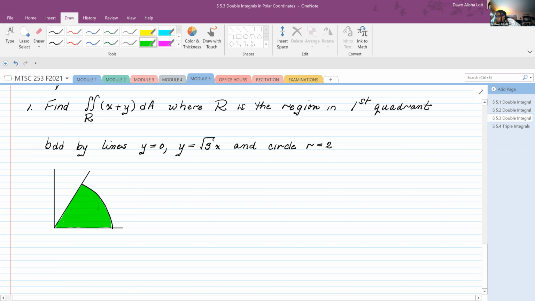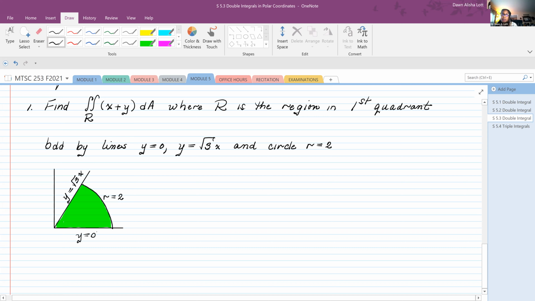Now as we can see, if we were to try to do this in Cartesian coordinates, we'd have to do two integrals. This is the circle r is equal to 2, this is y is equal to the square root of 3x, and of course this is y is equal to 0.